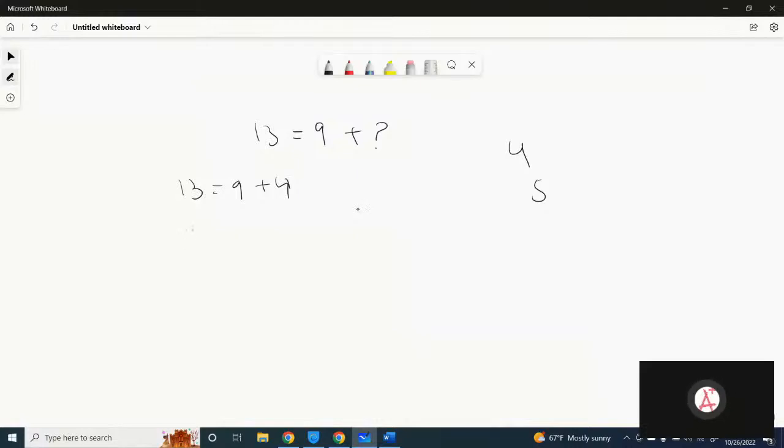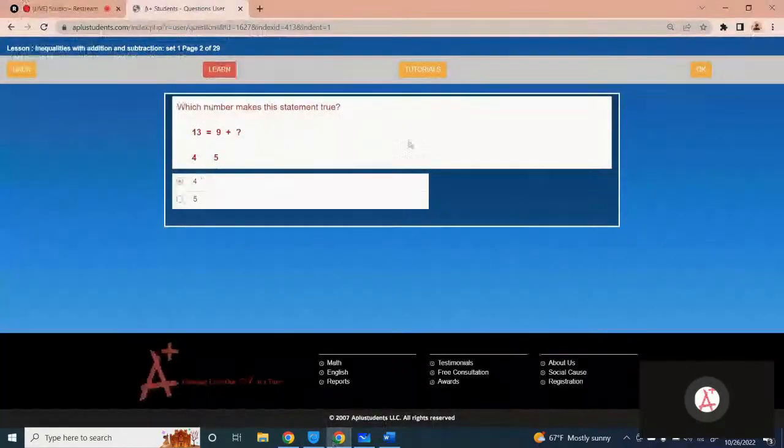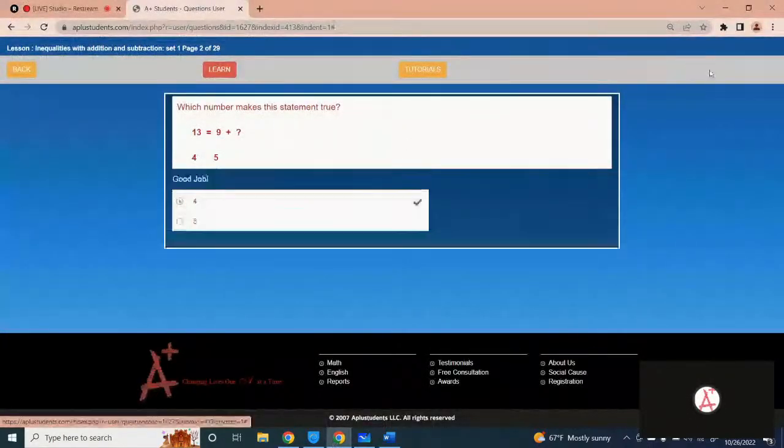So 9 plus 4 is 13. That means 4 is the correct option. Got it? Because 4 makes the equation 13 equal to 13. So you don't need to check the other one. Just select the correct option and then click on the OK button.